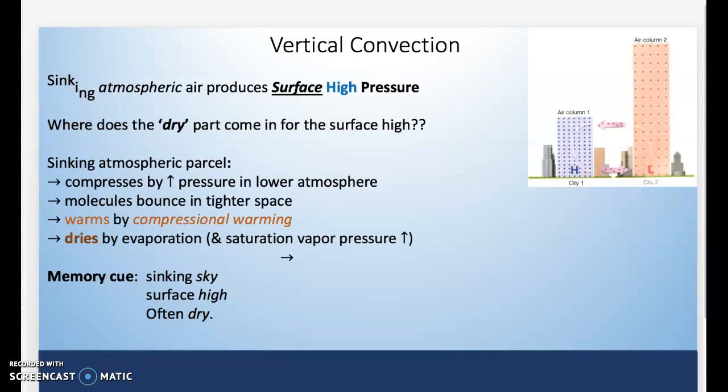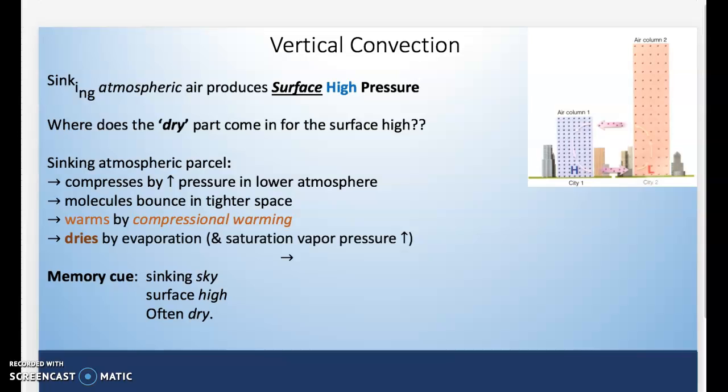Now, the often dry part, where does that come into it? The often dry part is a physical manifestation of what's happening as this parcel sinks out of the atmosphere and toward the surface. As this parcel sinks, it moves into an area of the atmosphere that has more pressure. That pressure is pushing on the parcel.